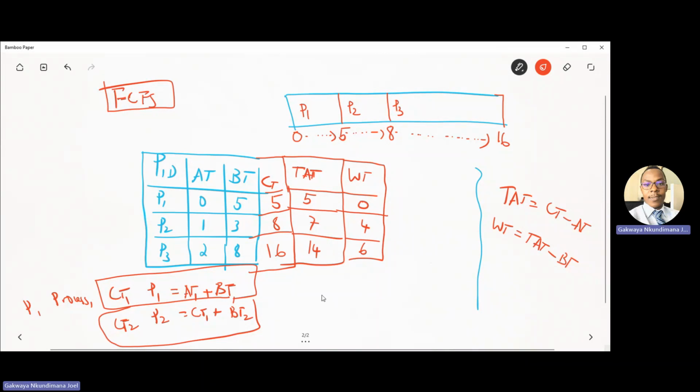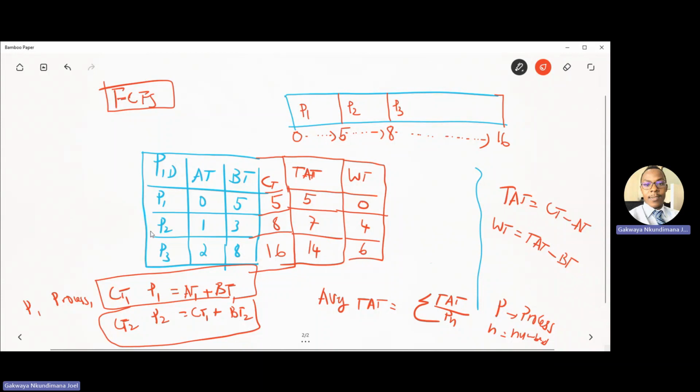Now you calculate average. Average turnaround time is equal to the sum of turnaround time divided by Pn. P stands for process, n stands for number.